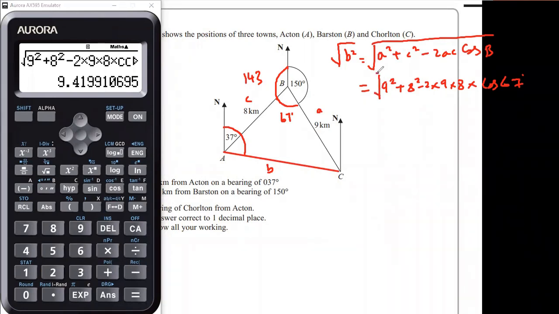So b will be equal to 9.4199. Okay, so we can use this value now. I will not round it to one decimal place. I would like to keep at least up to 4 decimal places. So b is 9.4199.